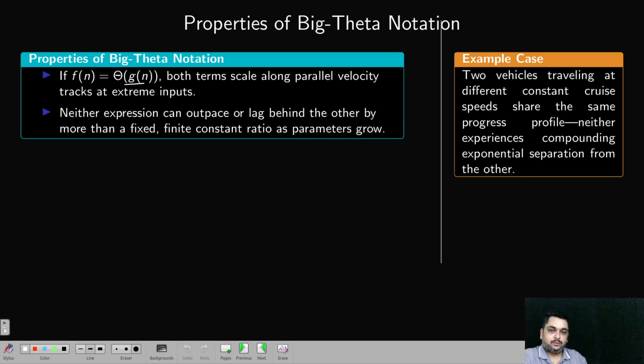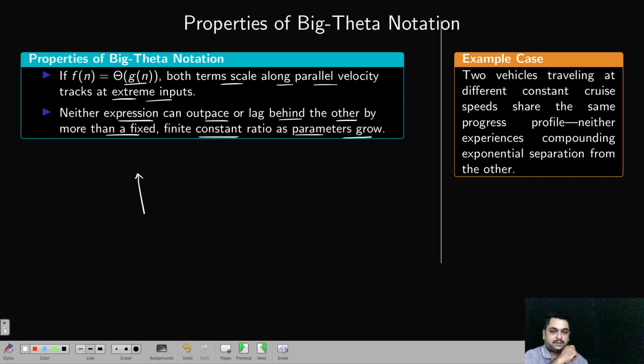F of n equal to theta of g of n means both terms scale along parallel velocity tracks at extreme inputs. Neither expression can outpace or lag behind the other by more than a fixed finite constant ratio as the parameter grows. Imagine two vehicles traveling at different constant speeds sharing the same progress profile. Neither experiences compounding exponential separation from the other.